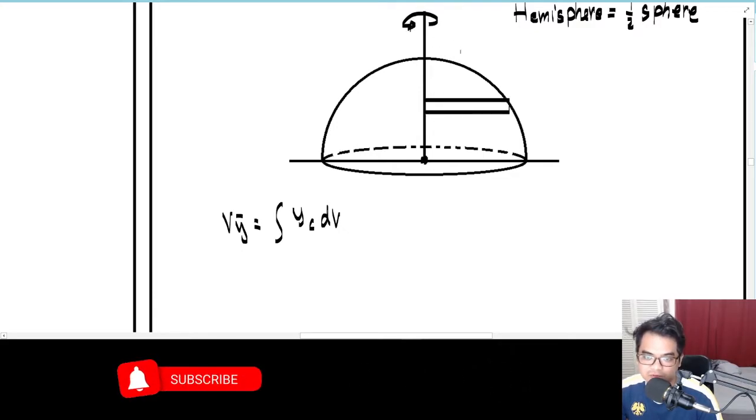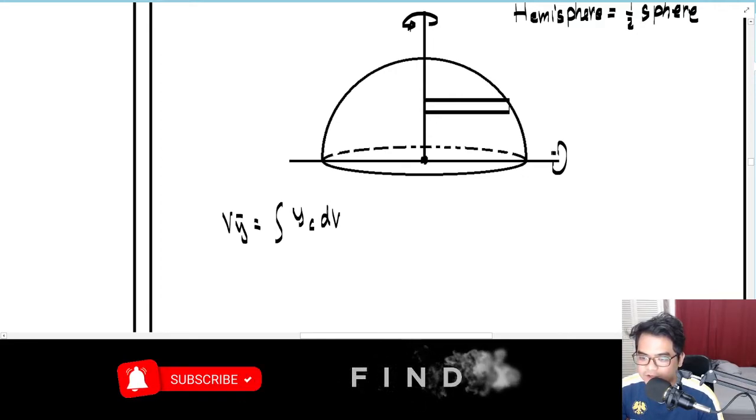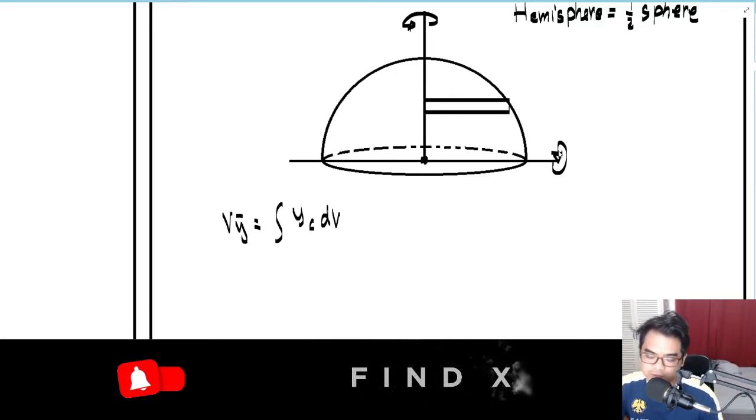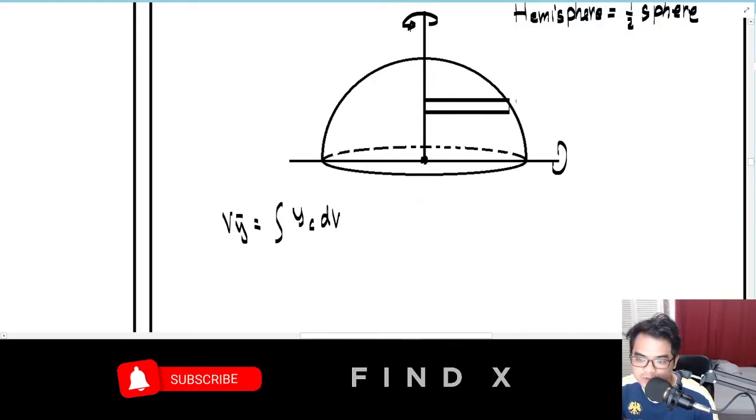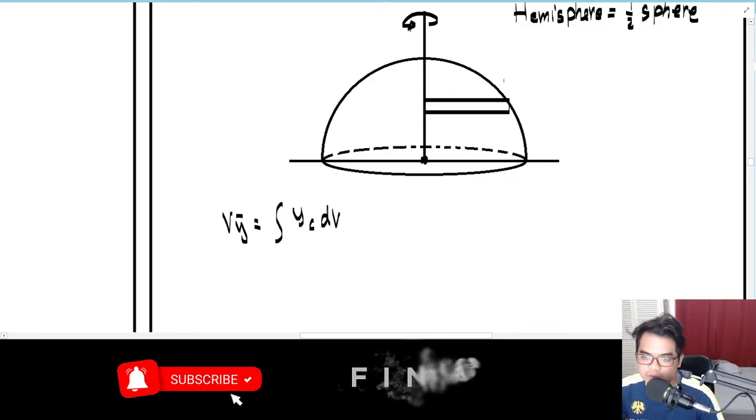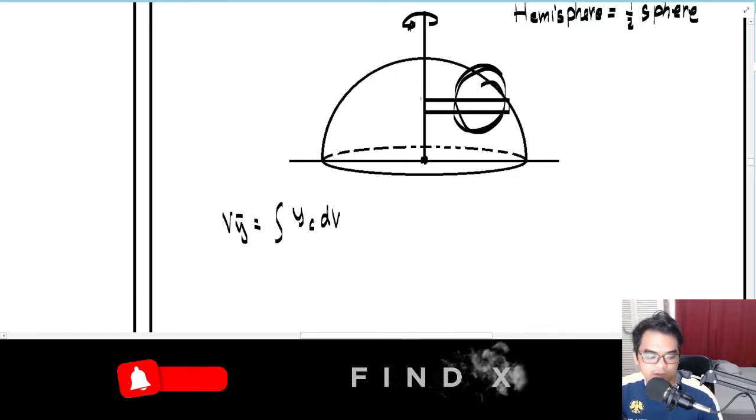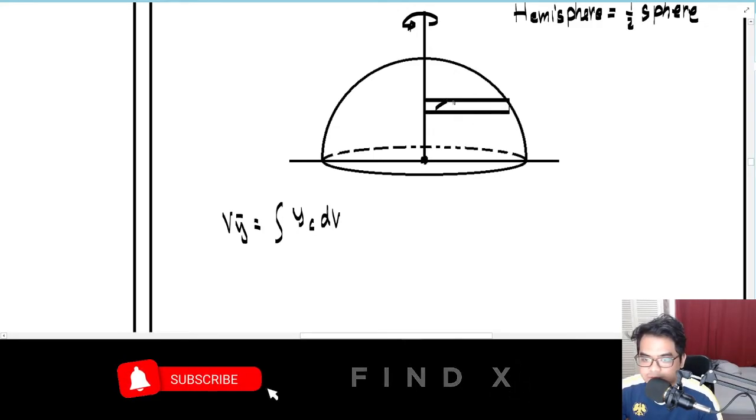That is the revolution. I cannot revolve it around here, because that will not make a hemisphere. So I'll be using only half of the hemisphere. If I revolve this area, I will be able to get the whole hemisphere.